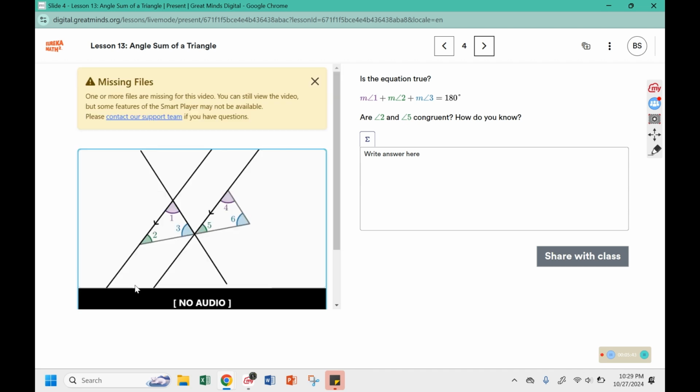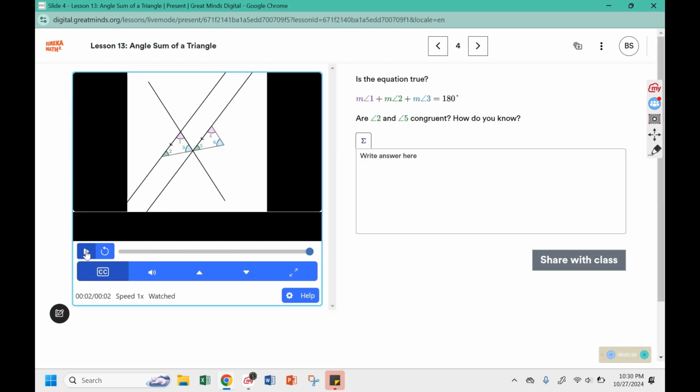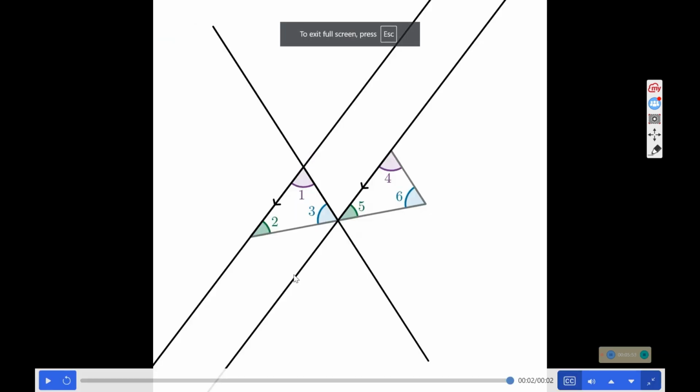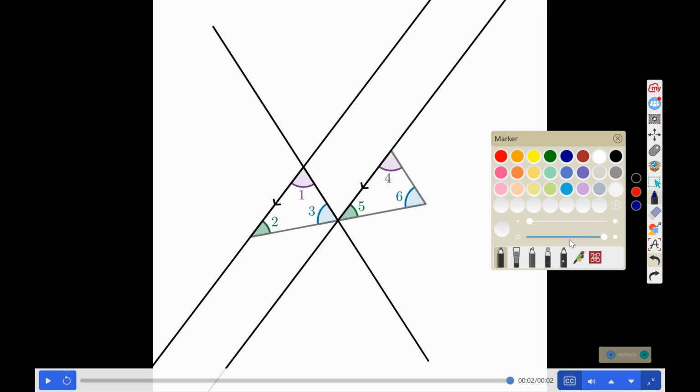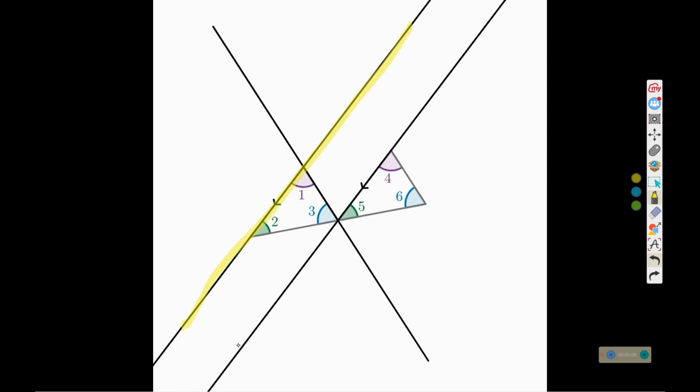So are angle 2 and angle 5 congruent? Okay, let's see. In this picture, we're trying to find out if 2 and 5 are congruent. I see 2 parallel lines that are cut by a transversal, or actually let's use this transversal.